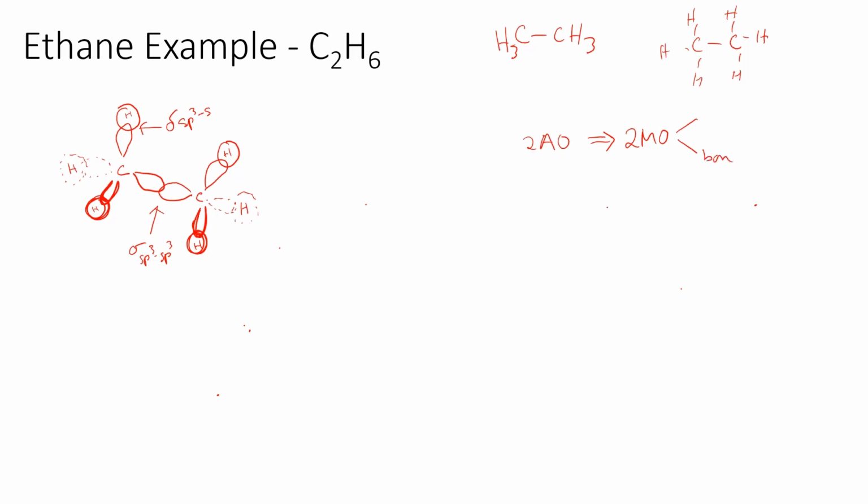I'm going to have a bonding molecular orbital, and I'm going to have an anti-bonding molecular orbital. So my goal now is to take all of this bonding information and put it into the context of my MO theory as well. So if we actually look at the number of bonds that we have in our structure, we're going to go through and count them.